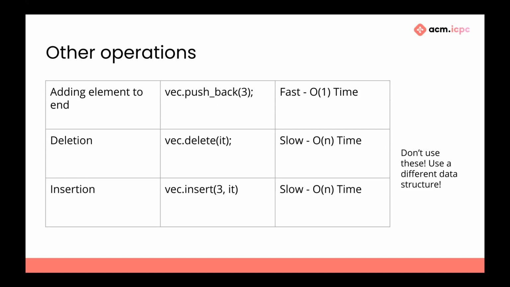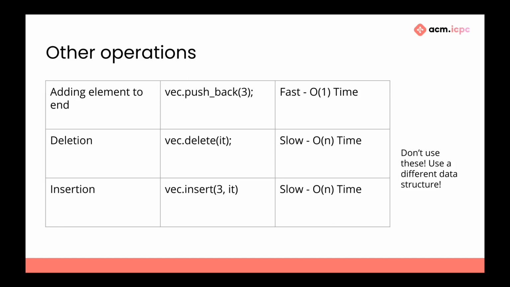This happens really fast. It happens in constant time, which we call O of 1 time. We'll go over what O of 1 means in more detail, but you can basically add an element to the end really fast.